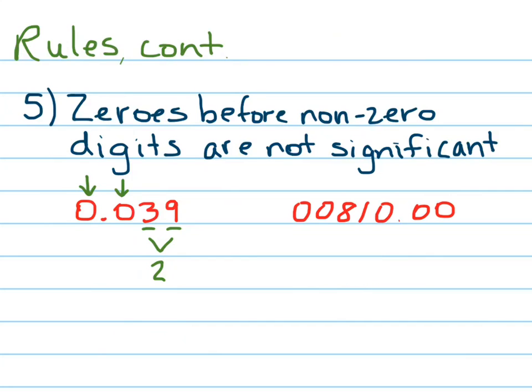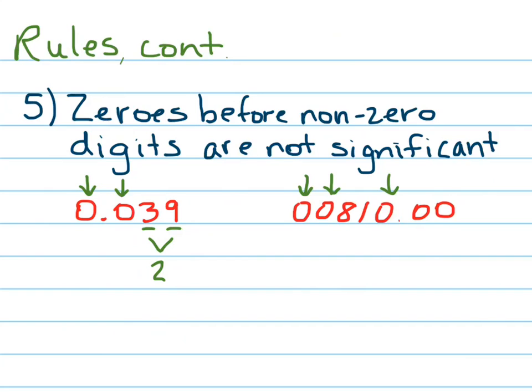Another example, we have two zeros and then 810.00. Now normally we don't write zeros in front of a number like that anyway, but in case you did, or you saw it this way, you know that those two zeros are not significant because they are before non-zero digits. Let's look at the other zeros. The next zero we see is after non-zero digits and before a decimal point.